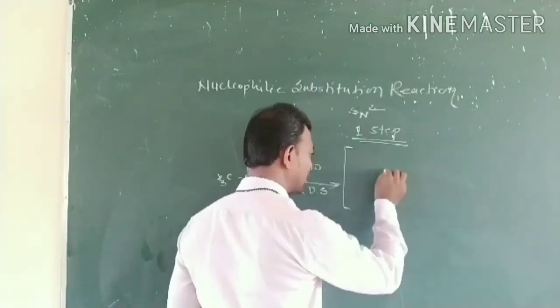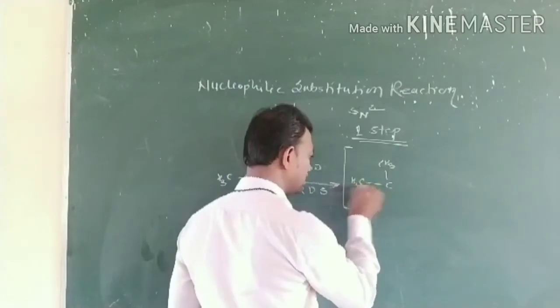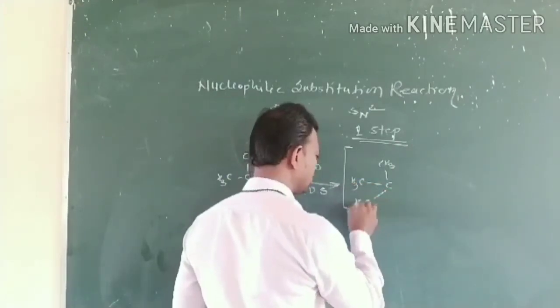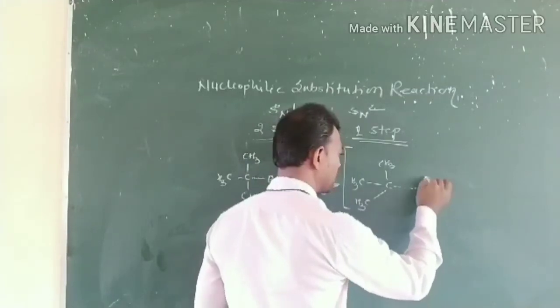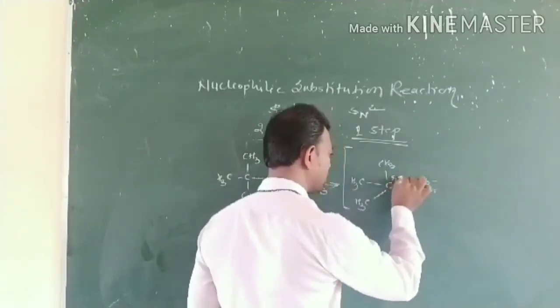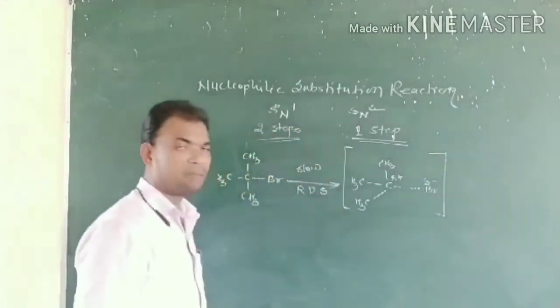Here the carbon, here one CH3, and here the third CH3, that bond starts to break. The bromine atom acquires a delta negative charge and the carbon atom acquires a delta positive charge.